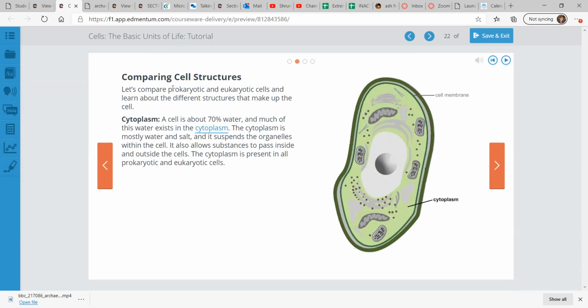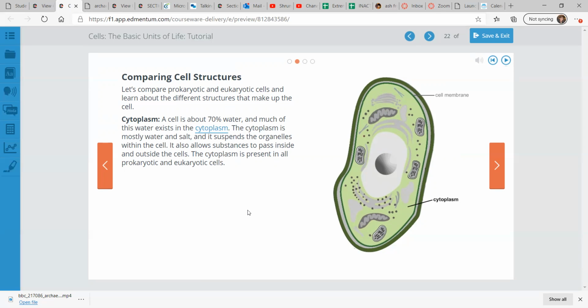So right here, cytoplasm. A cell is about 70% water, like the human body has mostly water in it. And much of this water exists in the cytoplasm. This light green area throughout the cell is cytoplasm. It's mostly water and salt, and it suspends the organelles within the cell.